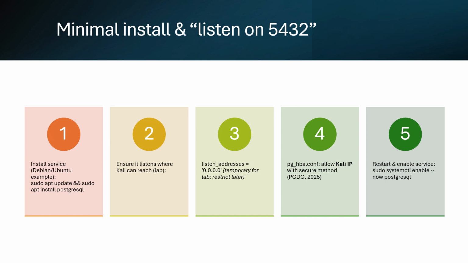Then start and enable the PostgreSQL service. The key is to allow just enough connectivity so Nmap from Kali sees port 5432 open, but no more. This is the principle of minimal exposure, and it forms the baseline over which we'll apply hardening steps.